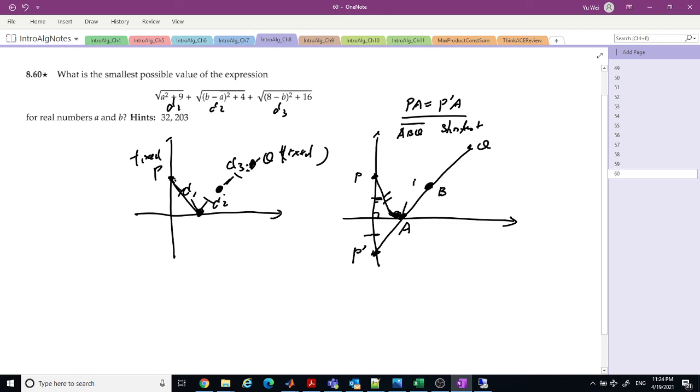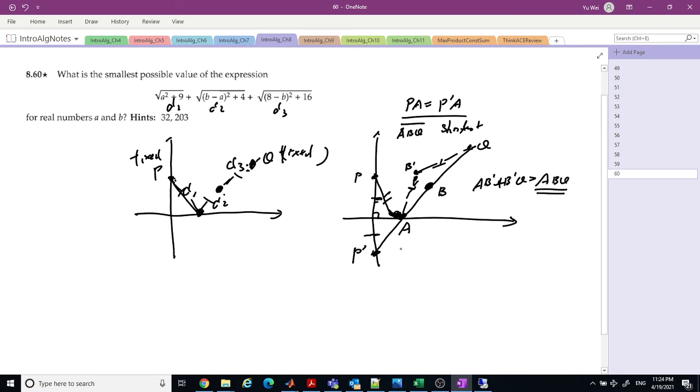Because if I pick any other B prime, you can see in the triangle, 2 sides added together are greater than the third side. So if you pick any AB prime plus B prime Q, it will be greater than ABQ, right?